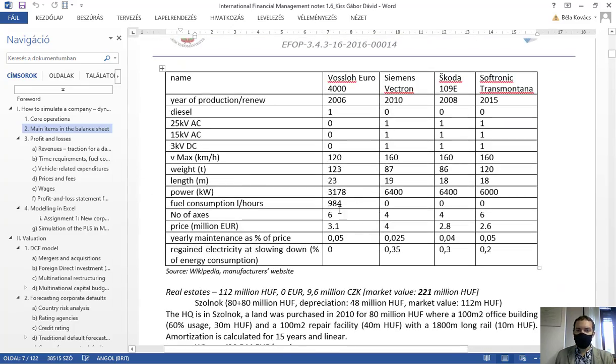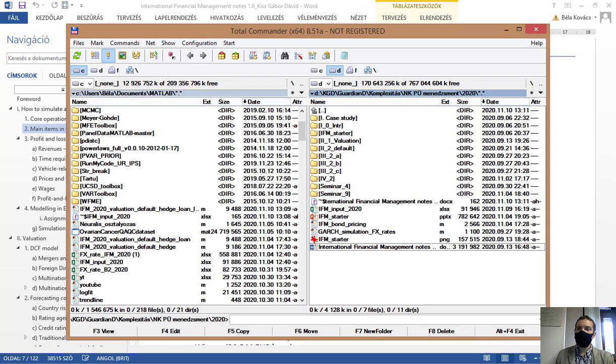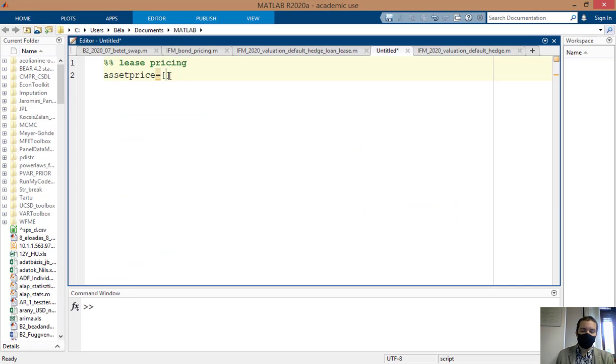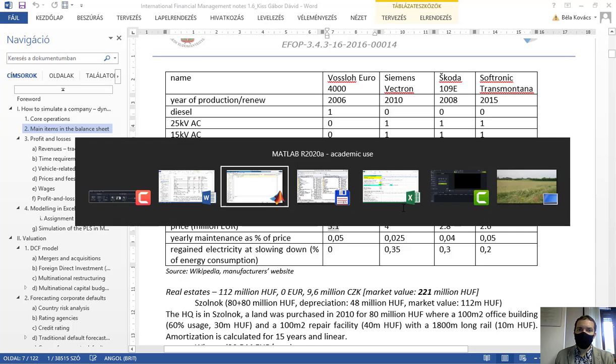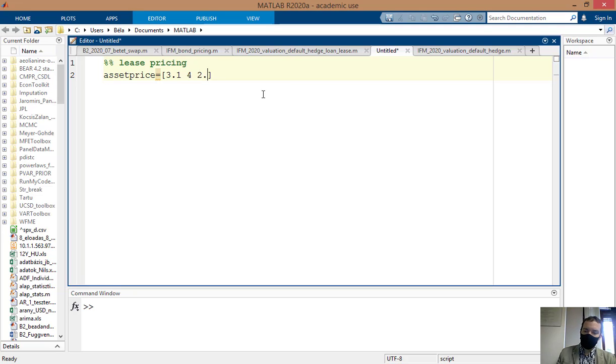We would like to have the common price. So 301, for 2.8 and 2.6.